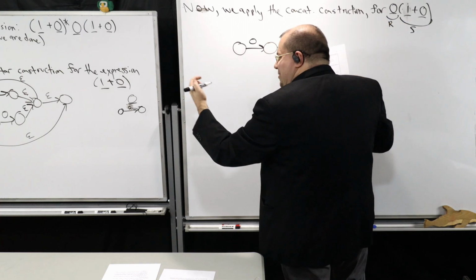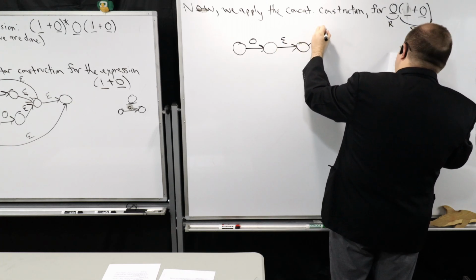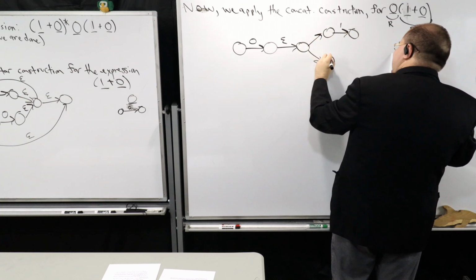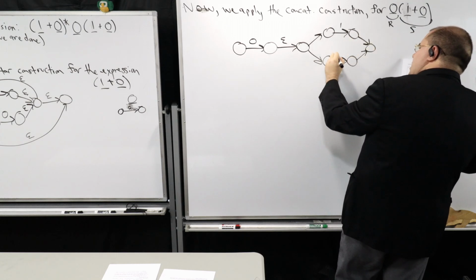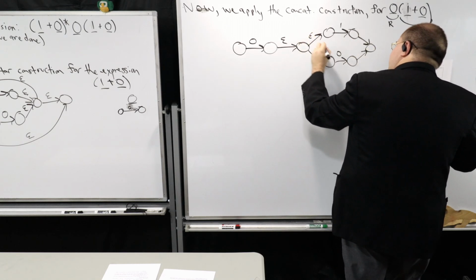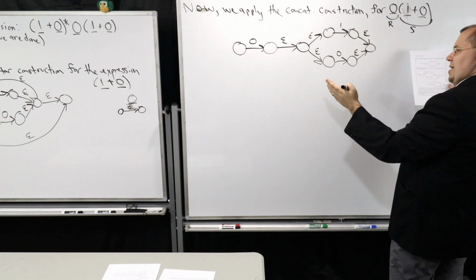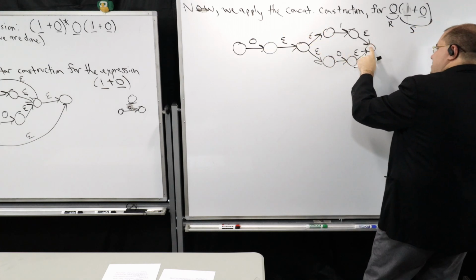I already drew it over there. That was the first one I drew. I'm just drawing out the same one we had before: 0 with the epsilon moves like this. And I think I got everything there. So this would be the new start state. This is the new final state.